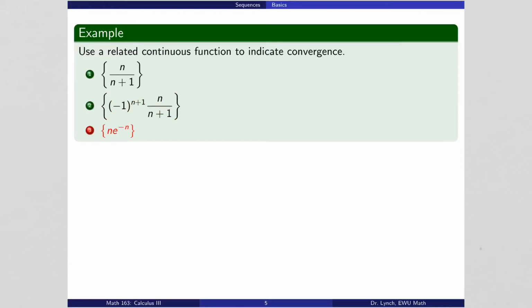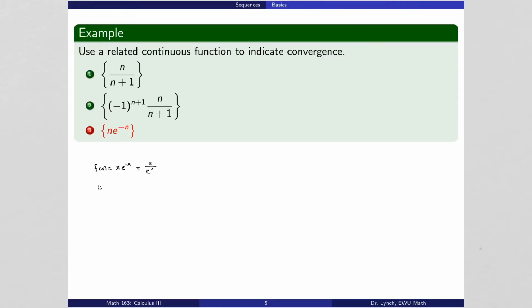Okay, finally a third example, where the nth term in the sequence is n times e to the minus n. Here is an example where our Calculus 1 definitely comes in handy. We'll take our function f of x to be x times e to the minus x, which we can express as x over e to the x.